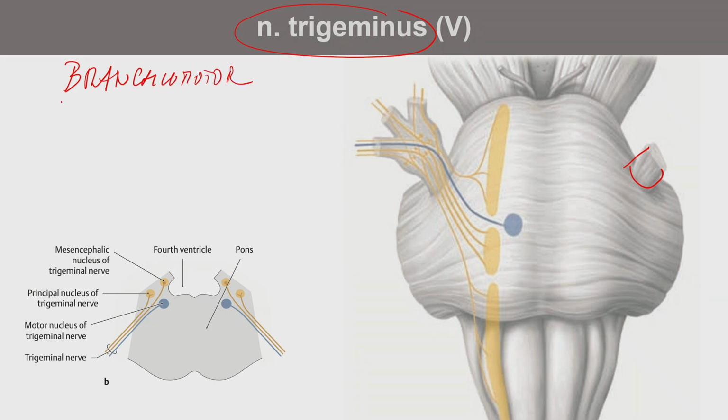and the branchiomotor part is innervating which muscles? Yes, chewing muscles, or muscles of mastication, and others? Do you remember?